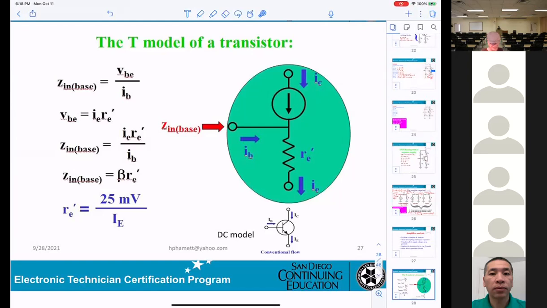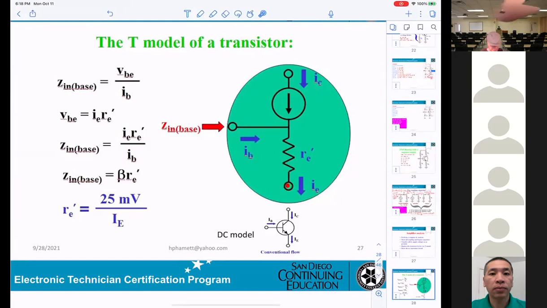Okay. And now you can see a difference in the AC model from the base to the emitter. In the DC, you get a diode.